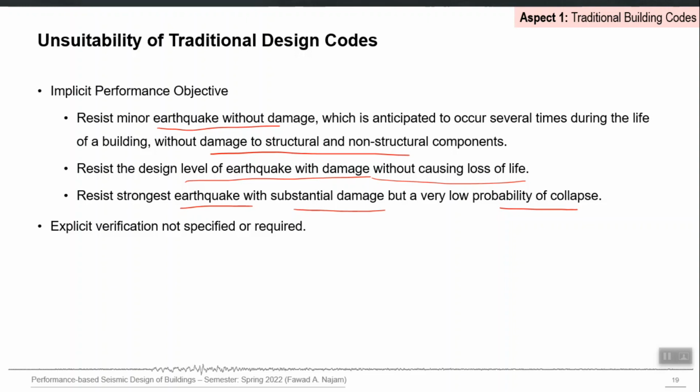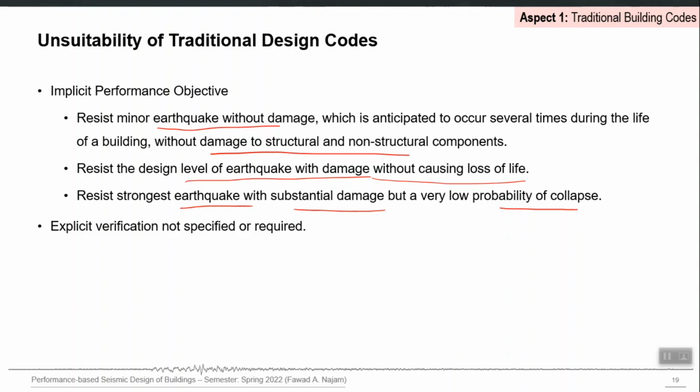Codes say that if you follow my provisions, you will get this performance: at a low level earthquake you may experience almost no damage, at moderate level some damage but no loss of life, and in a severe earthquake, which can occur just once in the design life, the structure can have substantial damage but will still remain standing.